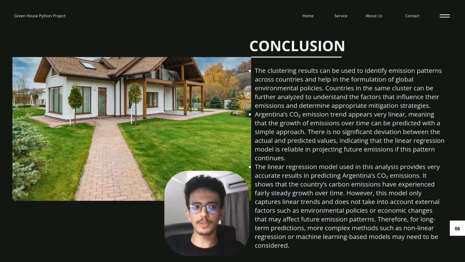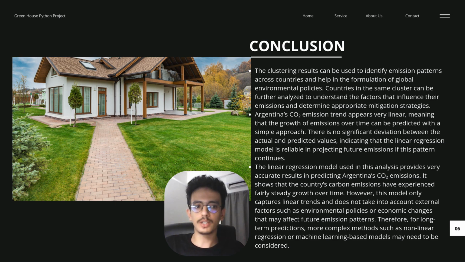Argentina's CO2 emission trends appear very linear, meaning that the growth of emissions over time can be predicted with a simple approach. There is no significant deviation between the actual and predicted values, indicating that the linear regression model is reliable in projecting future emissions if this pattern continues.